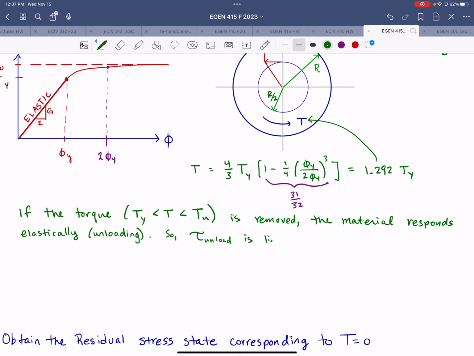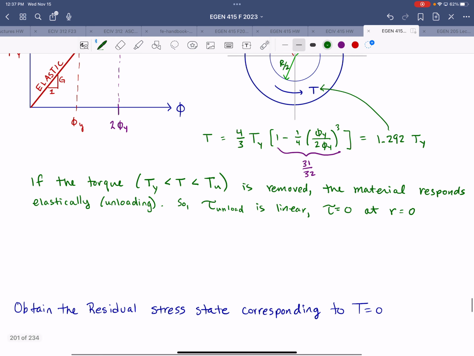So the unload stress is linear with a value of 0 at the center of twist. So we'll use the elastic equation for unloading from this point.